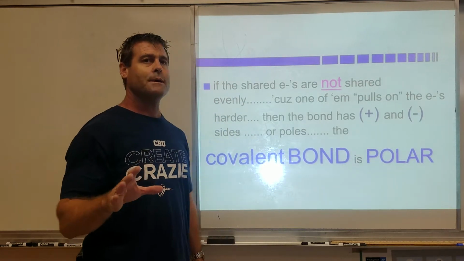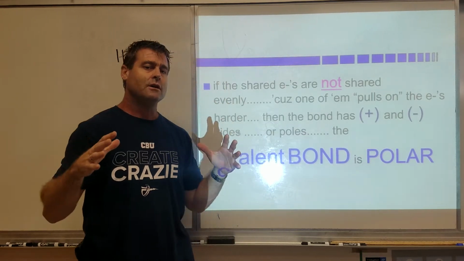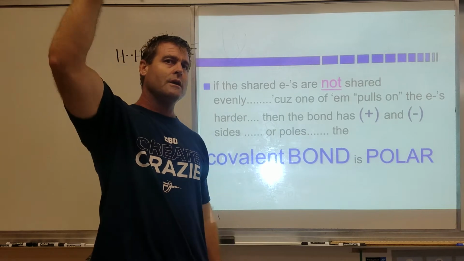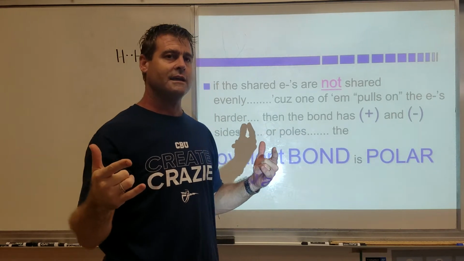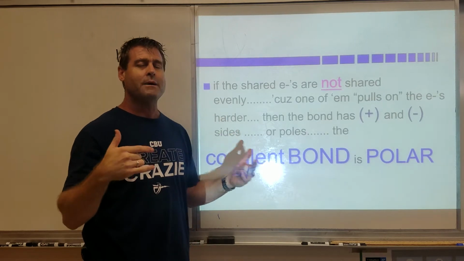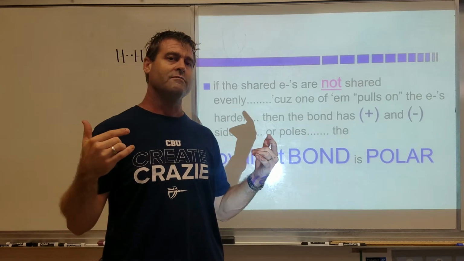When you think of polar, you're probably thinking of the North Pole, South Pole. You know the Earth is one gigantic weak magnet, right? On a magnet you have a North Pole and a South Pole, which are opposite poles, just like in electric charge, you have positive and negative that attract. Unlike poles of magnets attract, right?